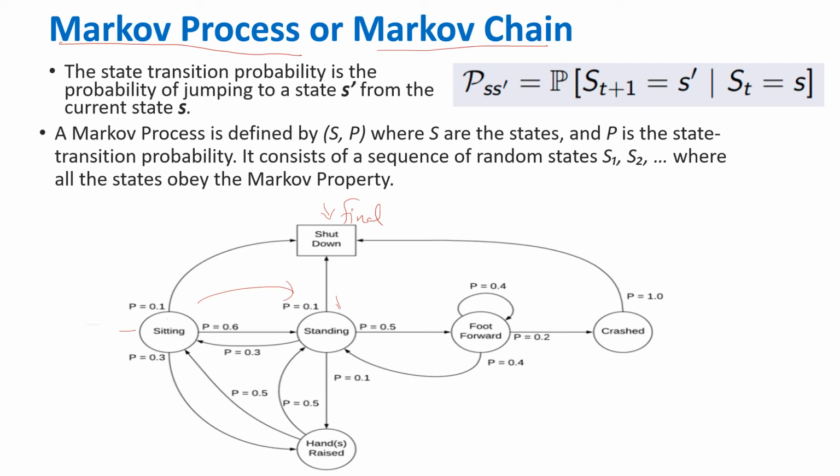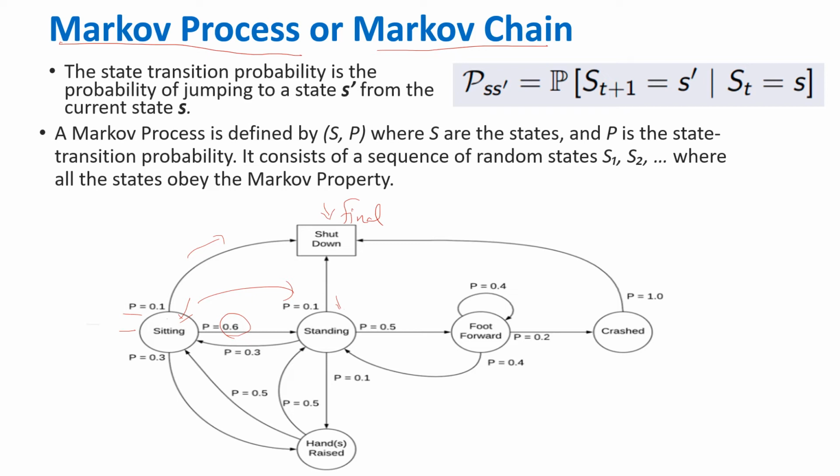But there are numbers associated, you see that. This is a probability. For instance, we'll focus on this particular state. Let's say the robot is in the sitting state. The probability of the robot transiting from the sitting state to the standing state is 0.6. That's what is shown here. And the probability of the robot shifting from the sitting state to the shutdown state, the final state, is 0.1. It's very less.